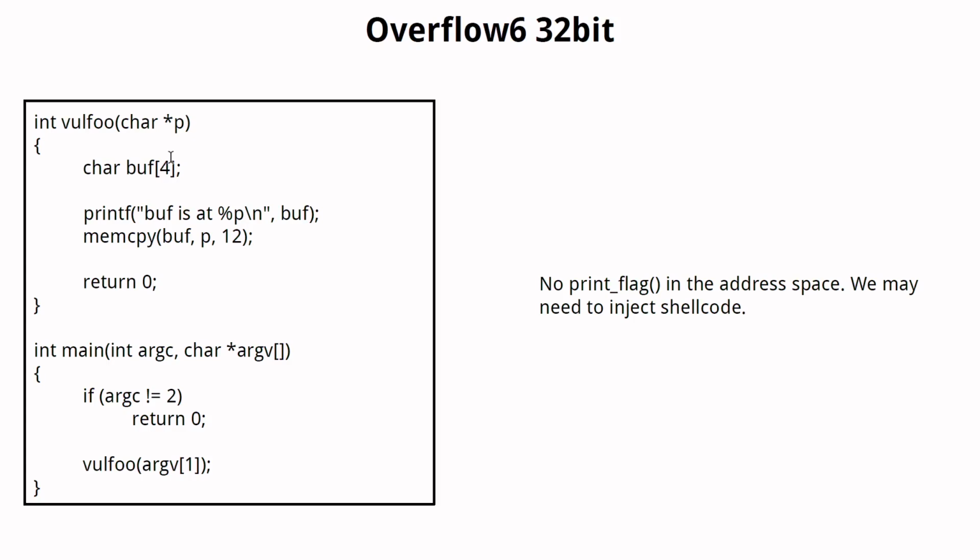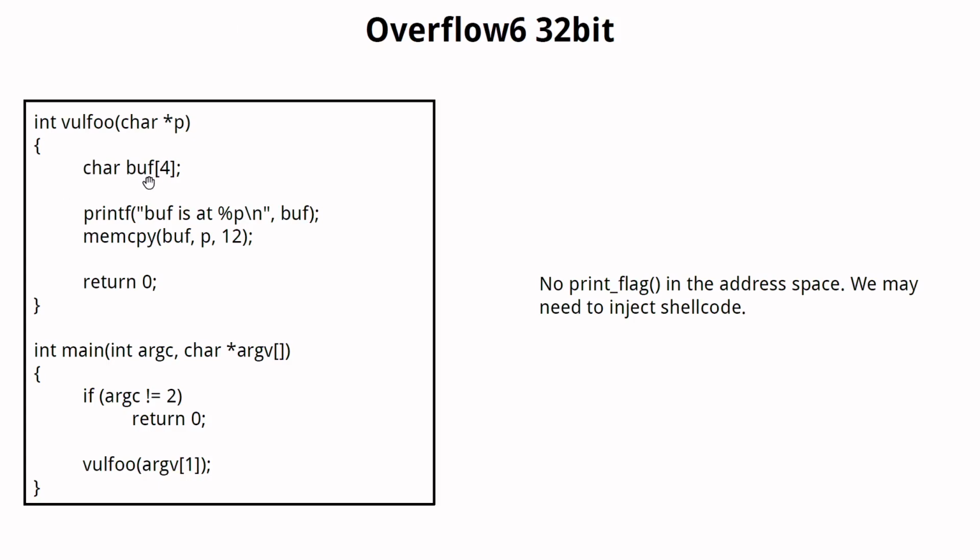So this is our vulnerable program, overflow 6, level 6, 32-bit. The program is similar to what we had before. The main function takes 2 arguments, then it calls valfoo, and valfoo takes whatever we input there.